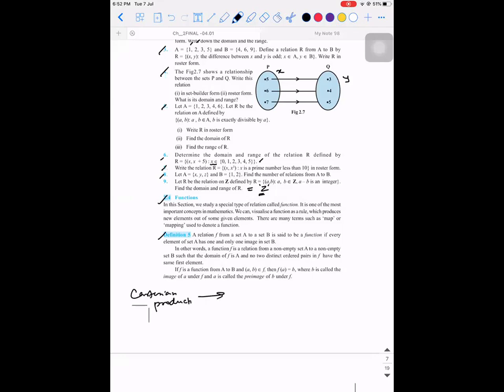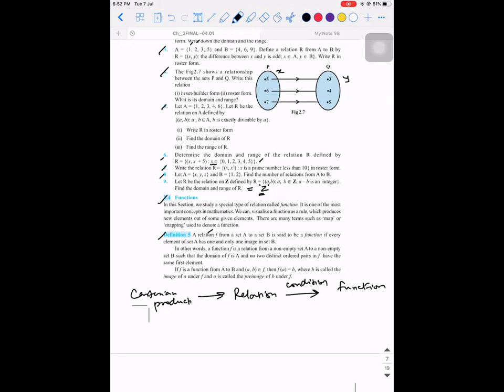From the Cartesian product, we define a relation. If this relation is given a specific condition, then that relation becomes a function. So relation and function are not two separate terms. A function is a special type of relation which has specific conditions to be followed.